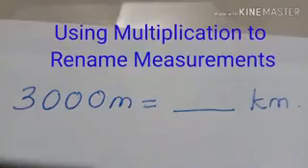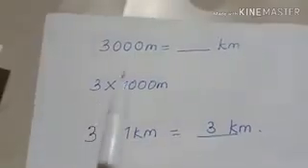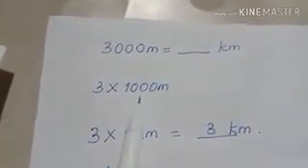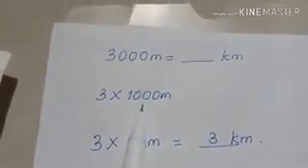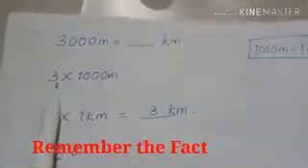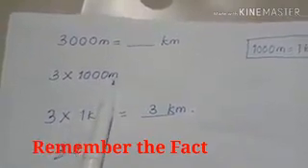Now the next thing is we can also use multiplication to rename measurements. Here the question is 3000 meter is equal to dash kilometer. 3000 meter can be written as 3 times 1000, and remembering the fact that 1000 meter is equal to 1 kilometer, it is the same as 3 times 1000 meter.